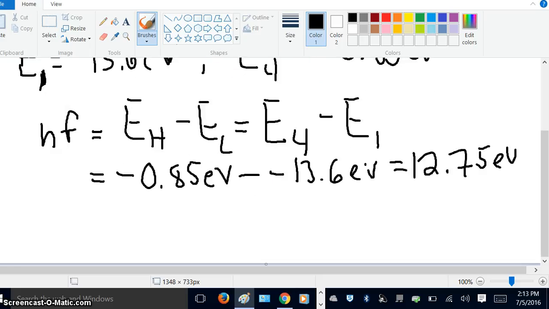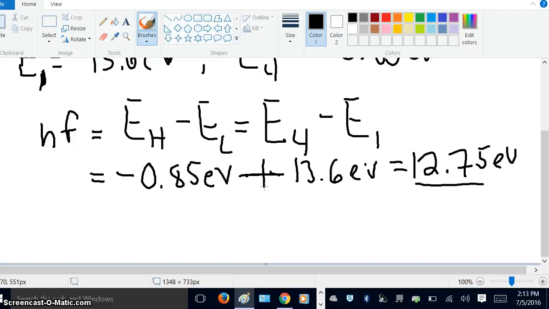All right, so I put the numbers in, and I just want you to notice the difference, E high minus E low, is always positive, as it is here. The higher state is a smaller number, and you're subtracting a negative, so minus a negative 13.6 gives us plus. So it's 13.6 electron volts minus 0.85, and the answer is 12.75 electron volts. That's what the energy is.